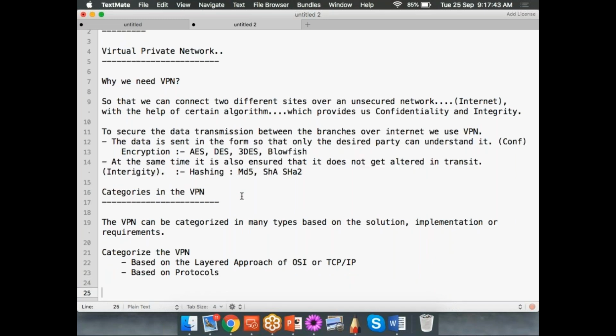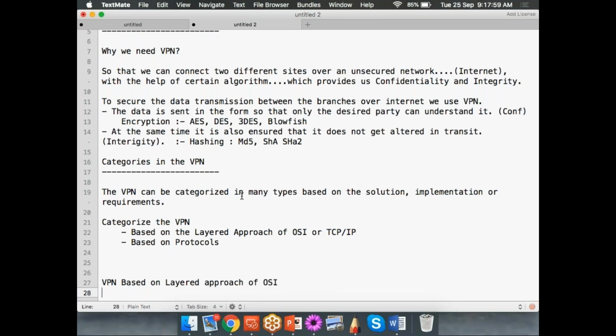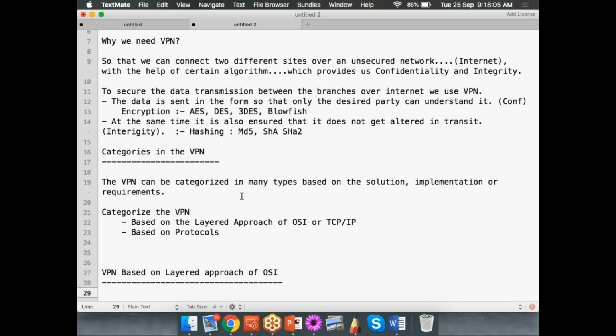So let's do first on the basis of VPN. I'll say like this: VPN based on layered approach of OSI layer model. Let's do that. Now, what I mean by that, I believe till now what is VPN is clear. It's a virtual private network.